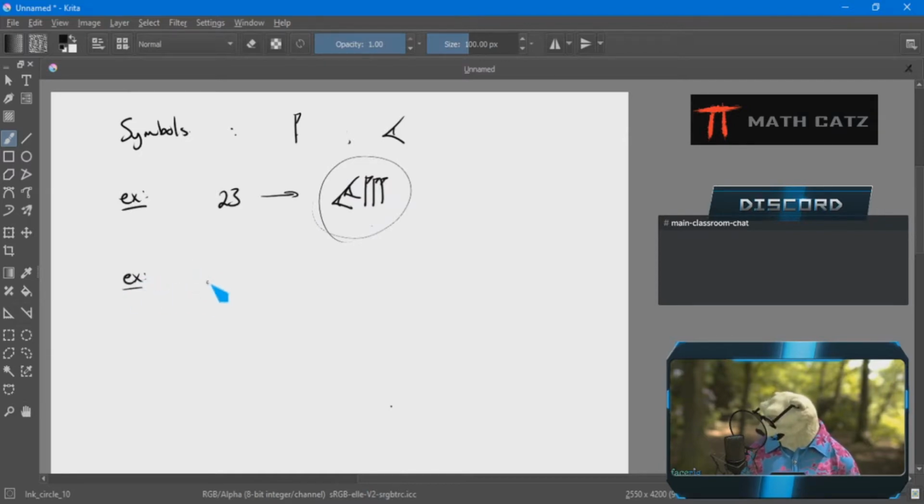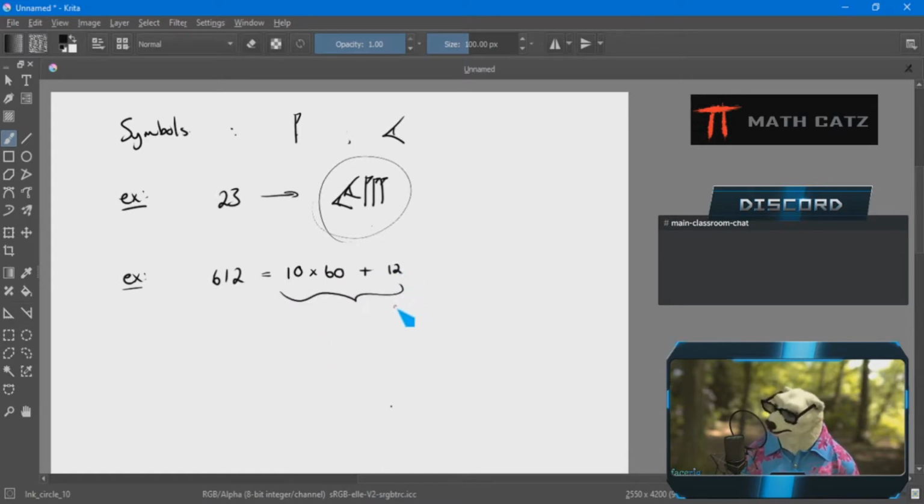Then we saw that, if we have something a little bigger, like, I don't know, 612, then we can only go up to 59 in a single place, a single cluster. So we're going to say, well, this is 10 groups of 60 plus another 12.